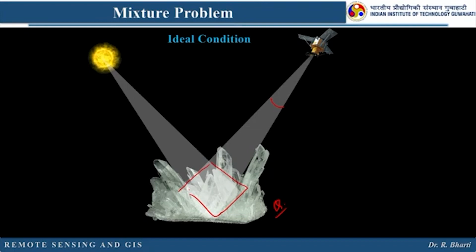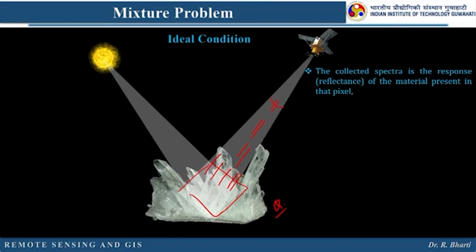There is no other material coming into the picture in this particular field of view. So it is one type of material. This is the ideal condition where we assume everything is perfect, right. So here the result will be only for this particular quartz. The collected spectra is the response, basically in reflectance, of the material present in that pixel.